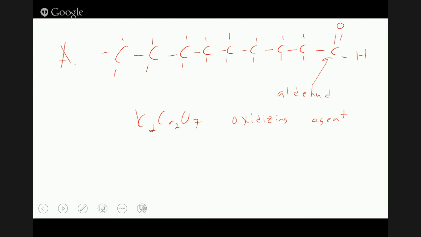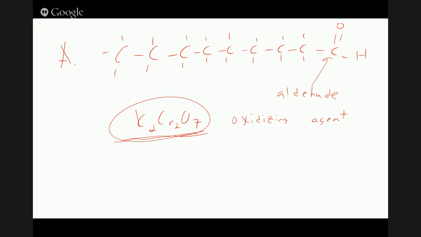And because it's an oxidizing agent, oh, I just lost my screen there. Because it's an oxidizing agent, it will take the alcohol and convert it into an aldehyde. I still have the oxidizing agent, and this is the most common oxidizing agent.